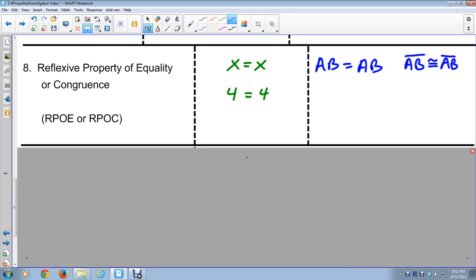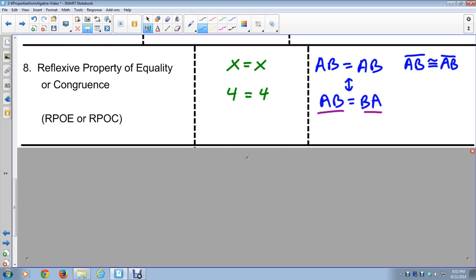I want to make one quick note here and point out that AB equal to BA is really the same exact thing as what I've written above it. Switching the order of the letters doesn't change anything because remember, we're looking at these as one variable. That's a variable together. They're not separate variables. Together, they're giving us the length of a segment. Just a common confusion that students have.